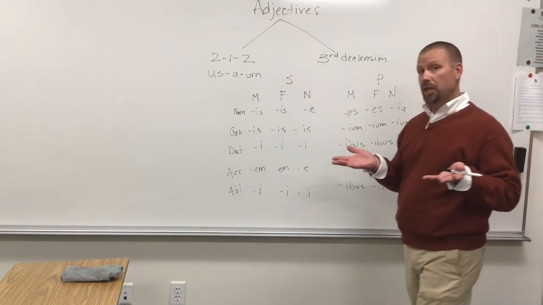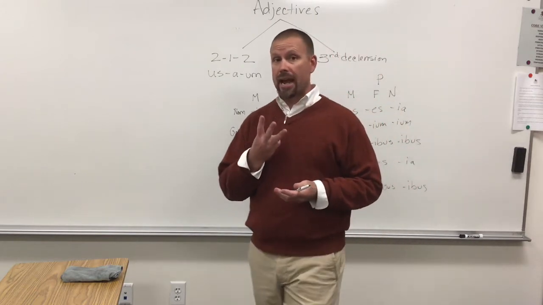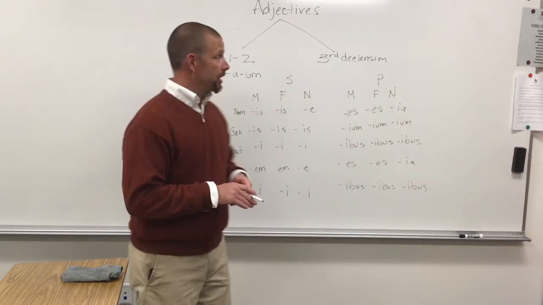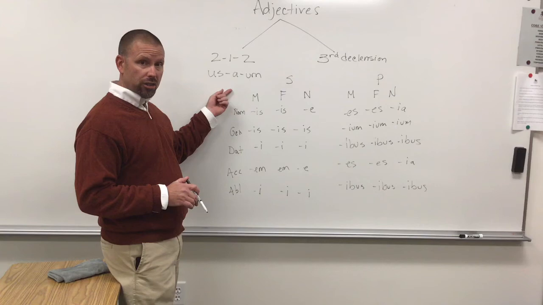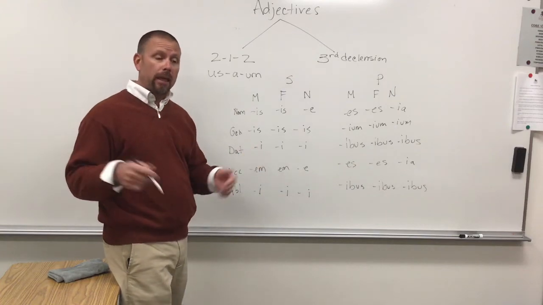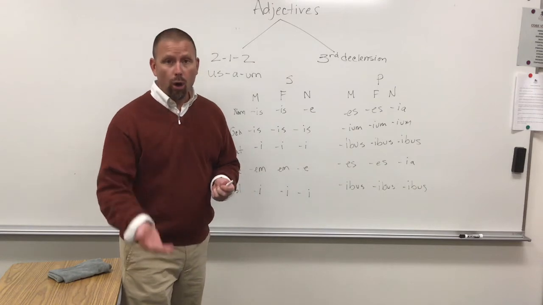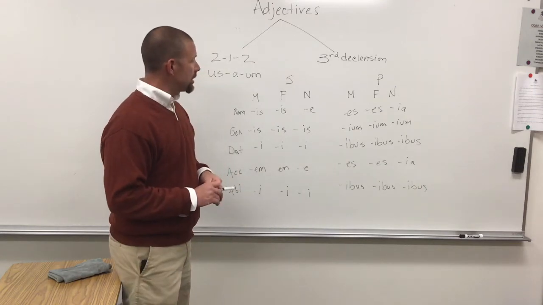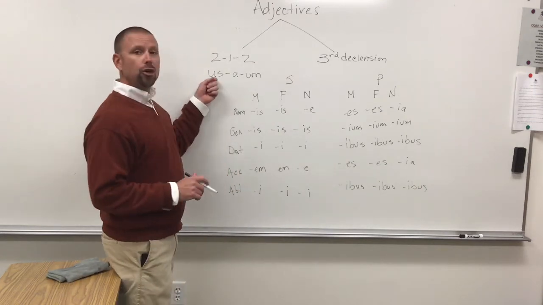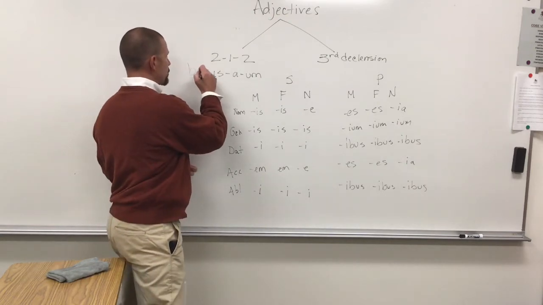Could we also take a third declension noun and pair it up with a 2-1-2 adjective? Sure. Let's take a third declension noun like the word for man, homo, hominis, and we'll say it is a good man, bonus.